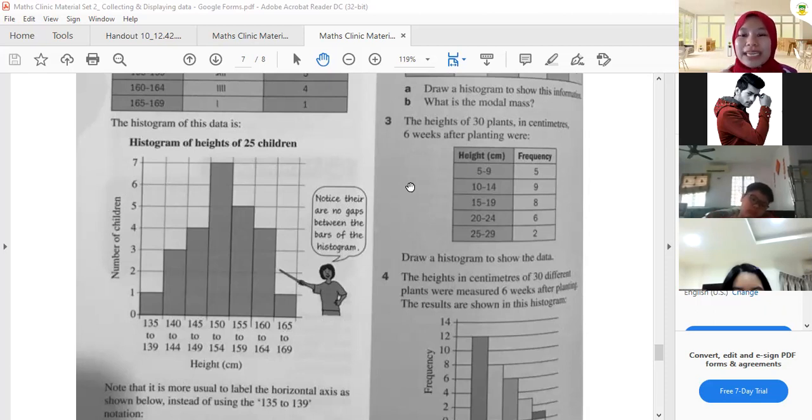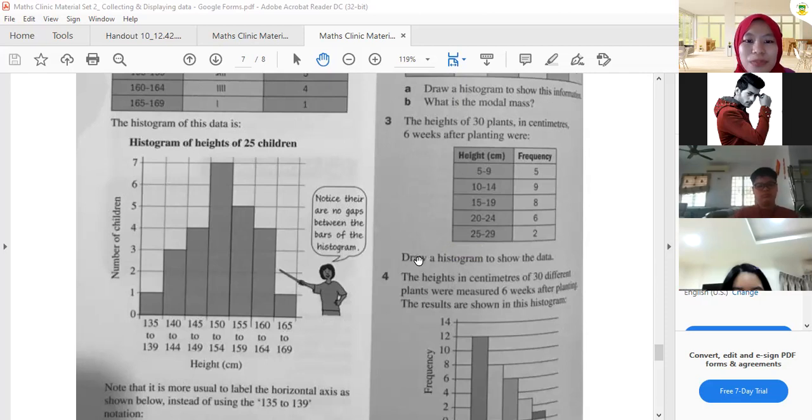Correct, group discrete or continuous data. Year 8, I highlight one more time. If your data is discrete, you represent it using a bar chart. If your data is continuous or group discrete, then you use a histogram. Clear?